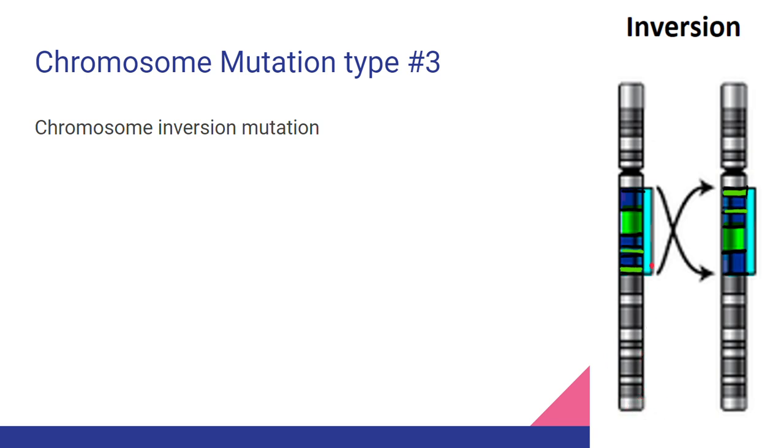This one goes from 5' to 3', and this one goes from 5' to 3'. But it flipped. See, it flipped from here up to here. This is a mistake usually made in the DNA synthesis, usually made by DNA polymerase.